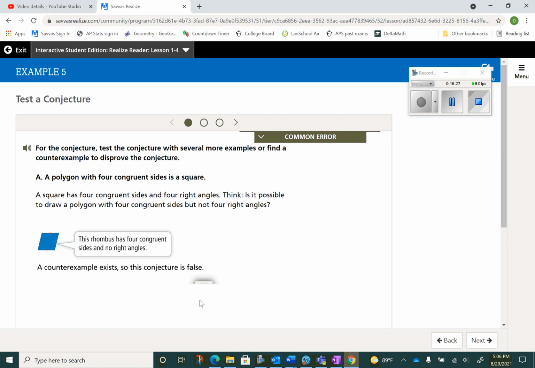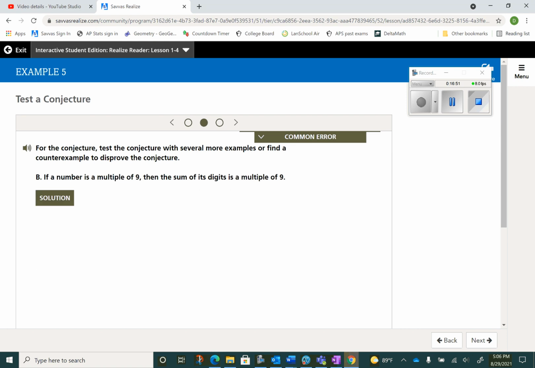The first part of it has to be 100% true, but it's that second part that has to be false for a good counterexample. Okay? So we need to come up with some kind of a polygon that has 4 congruent sides, but it is not a square. So again, a rhombus is a good counterexample.